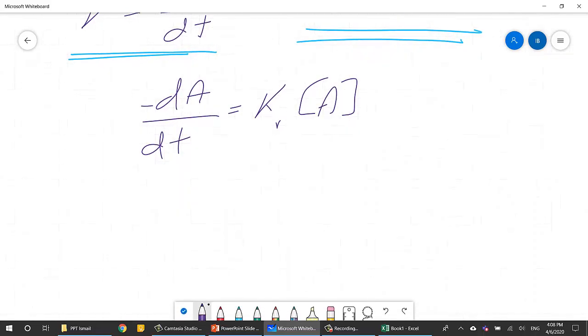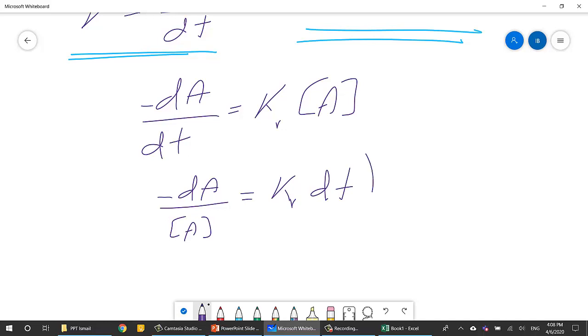So I'm going to rearrange this equation to be minus dA over the concentration of A is equal to Kr dt. This is called a differential rate law. This is actually a first order differential equation that you can use calculus to solve.